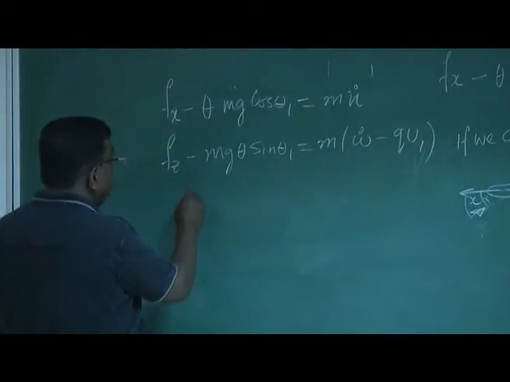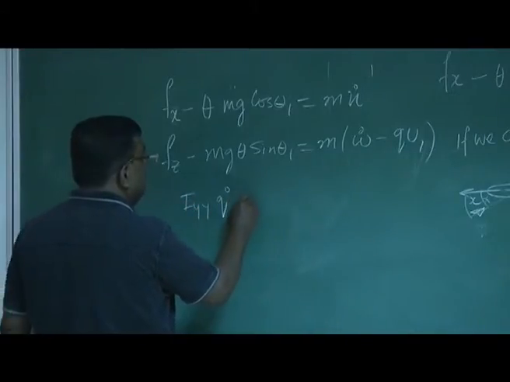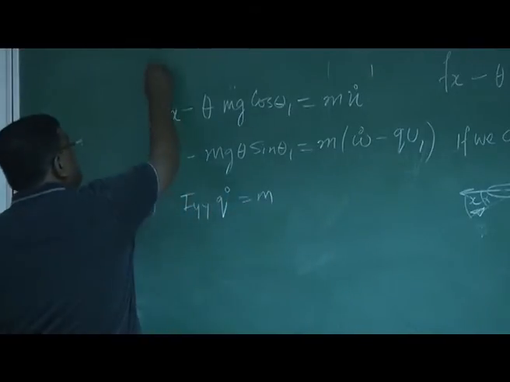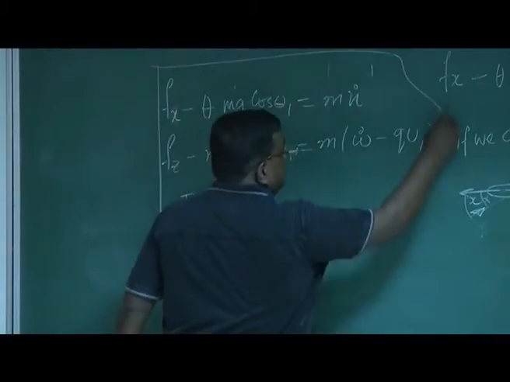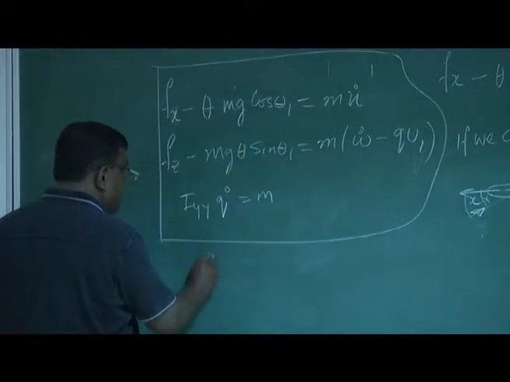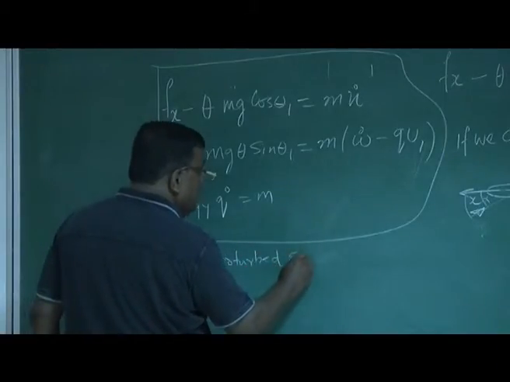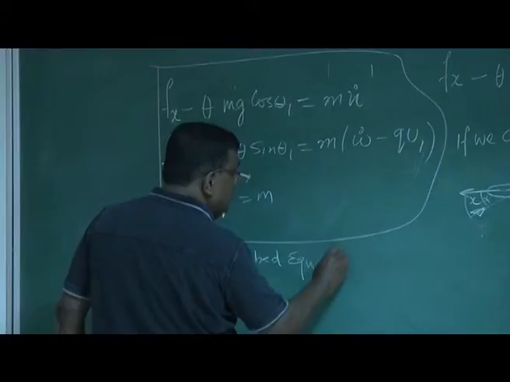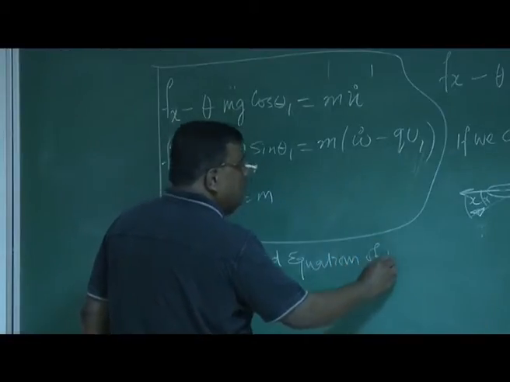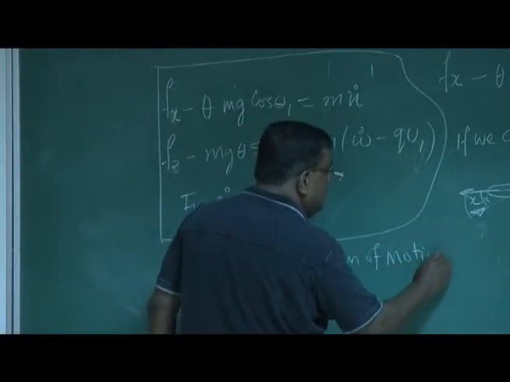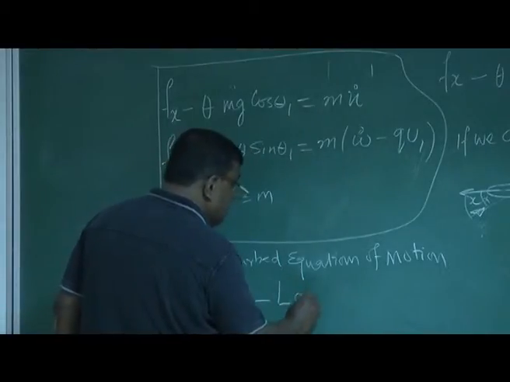And of course you also got I_yy q dot equal to m. These are the perturbed equations of motion for the longitudinal case.